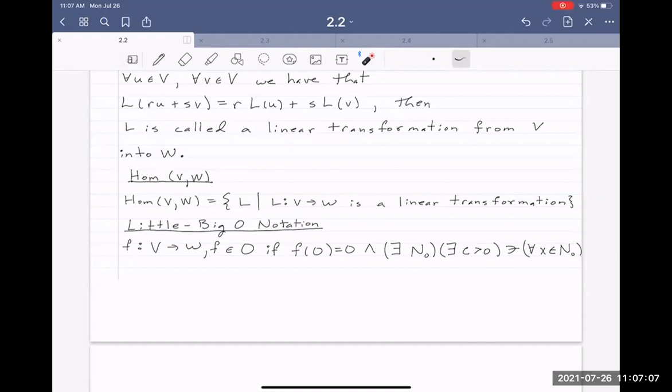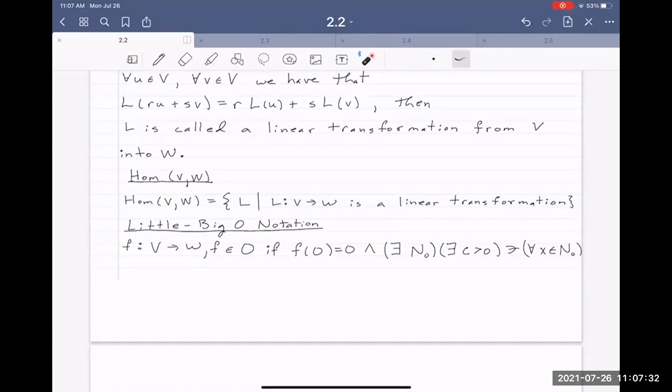There are many. So this is one sort of definition for what Hom of V, W is. In mathematics, it's actually used for several different concepts. This is one of the major concepts that it's used for, but not the only one.